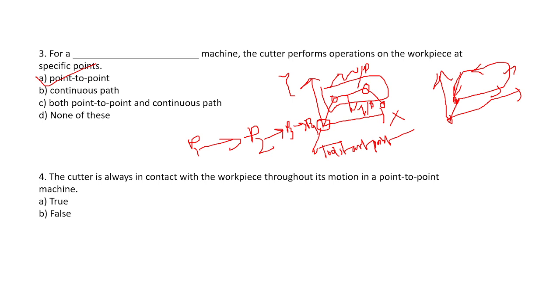So, madam, can I intervene? Yes, yes. Point to point is like a drilling machine. If you take a drilling machine, you exactly have a series of holes, let us say. One will have x1, y1, one will have x2, y2, one will have x3, y3, one will have x4, y4.